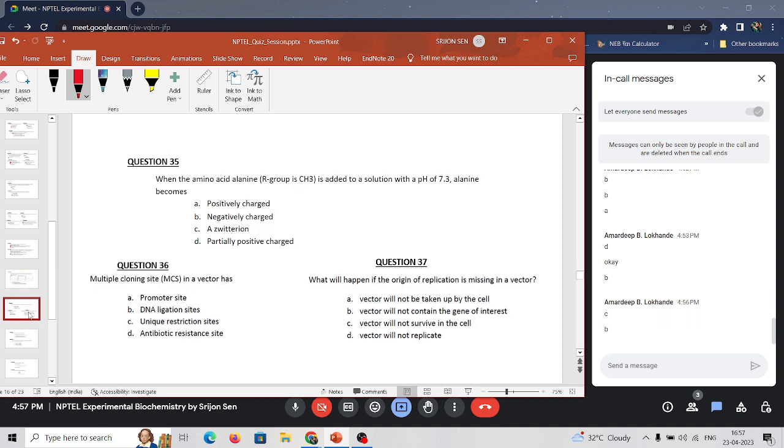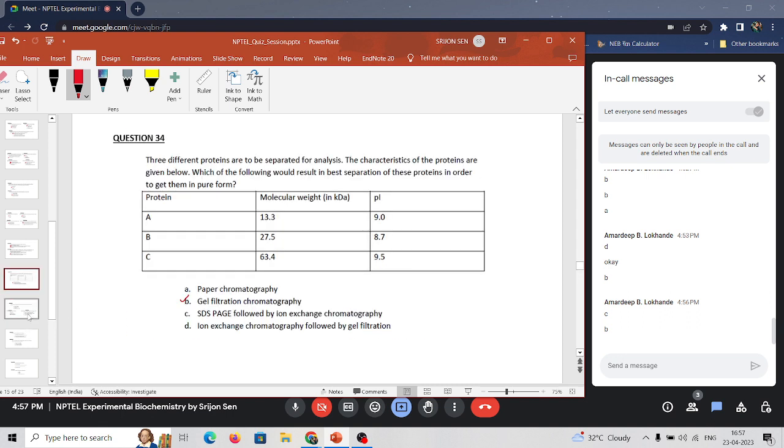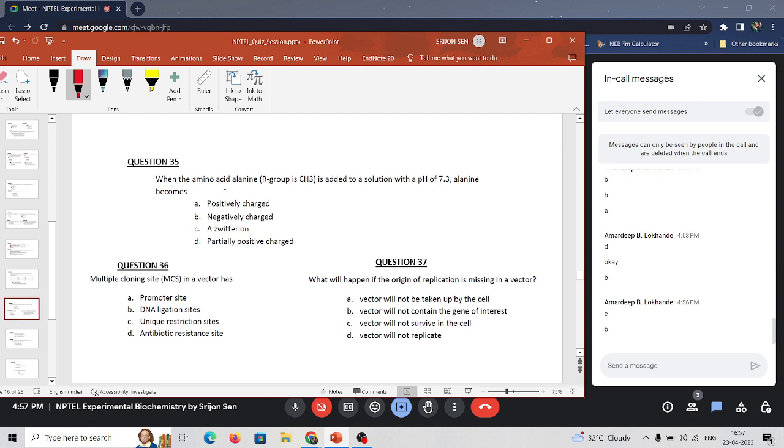Right. Next. 35. When the amino acid alanine is added to a solution with a pH of 7.3, alanine becomes. So at pH 7.3, what charge will alanine have?